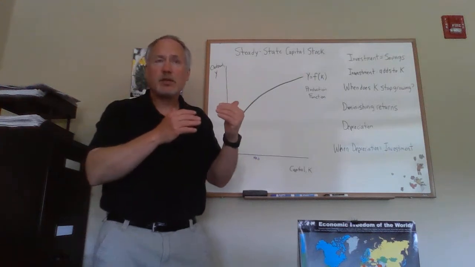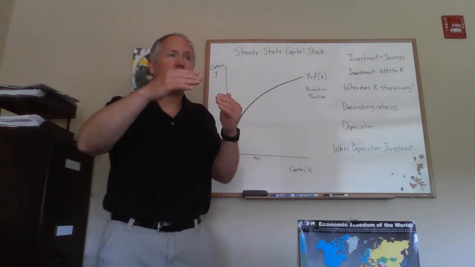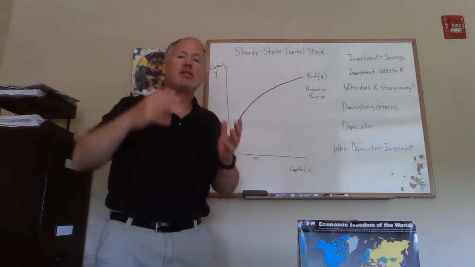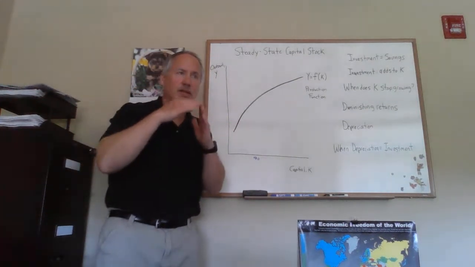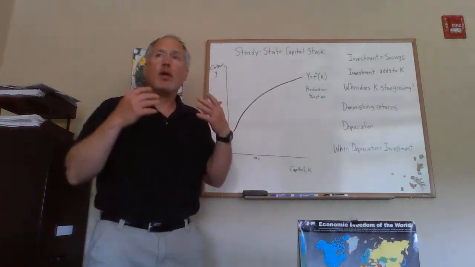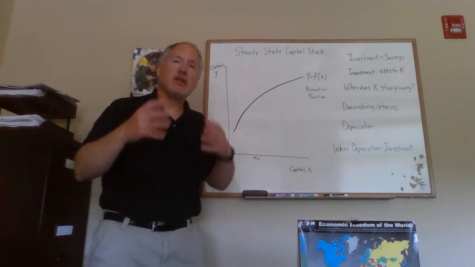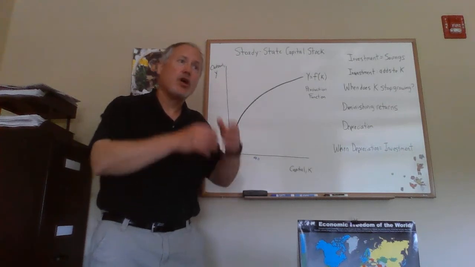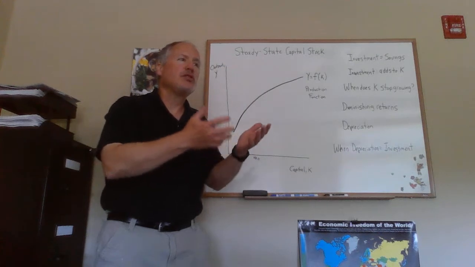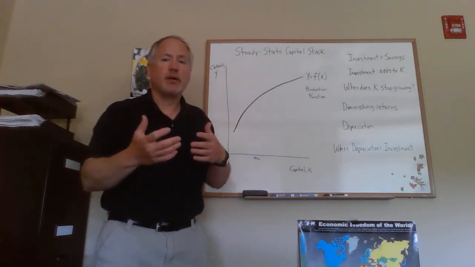Because remember, investment is going to end up being capped or limited because of the diminishing returns, and the total amount of savings in the economy is going to be limited. And the capital stock will stop growing when all of that savings and all of the investment it allows goes into simply replacing the portion of the capital stock that wears out every period.